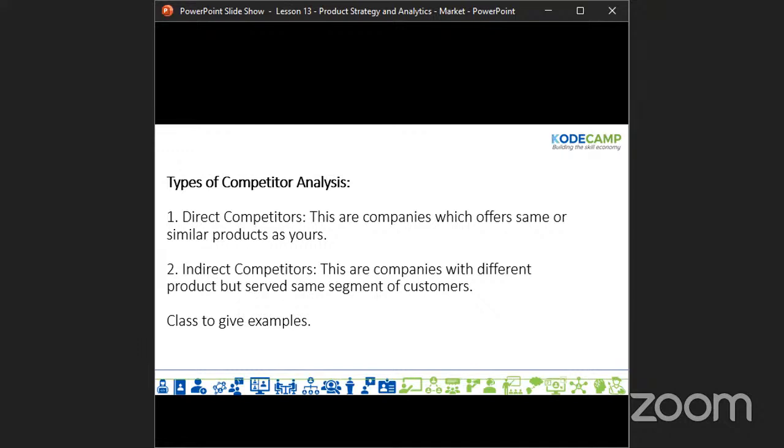It is an indirect alternative for customers.